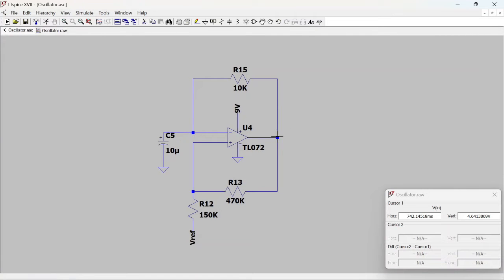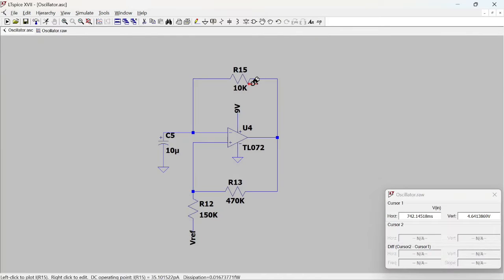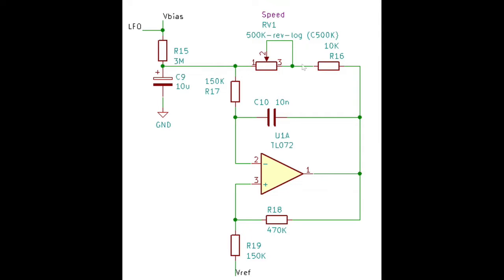So this is the output, and this is now our input. All right, and I did see here 10K. This is very low. If you remember on the schematic, in the original one it's 4.7K or something like that. So this is where you control the highest frequency of this.